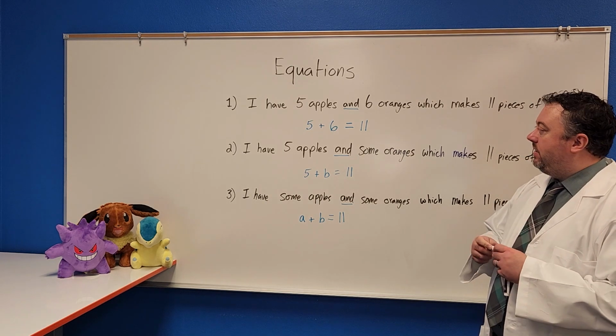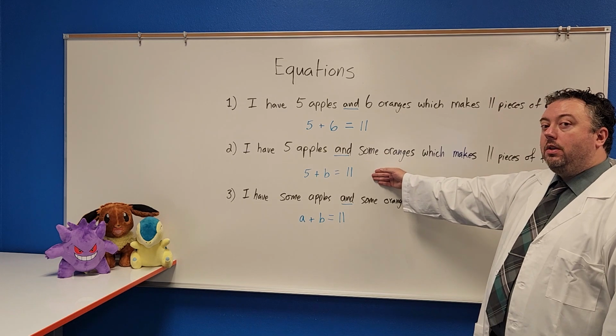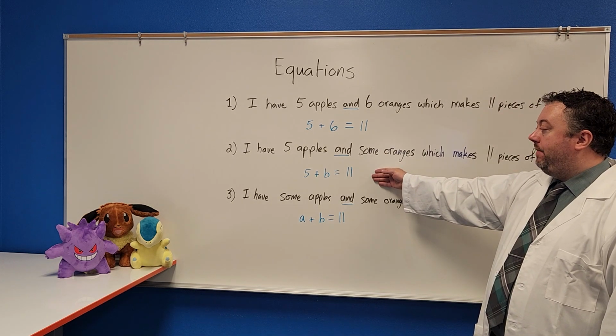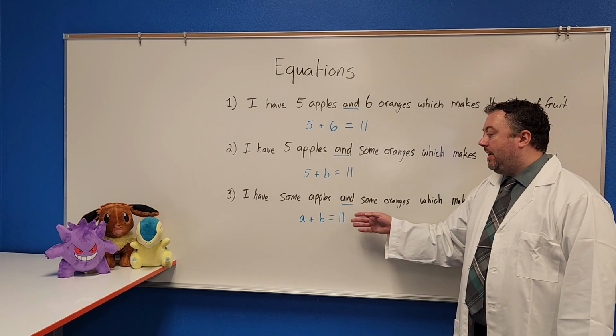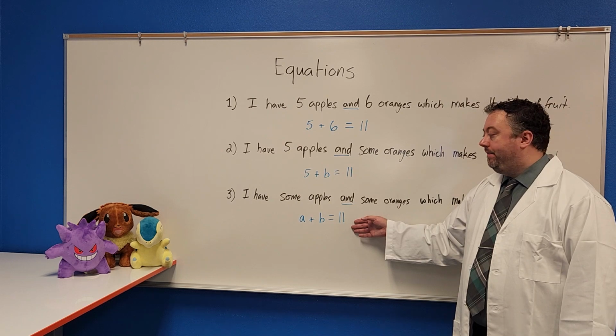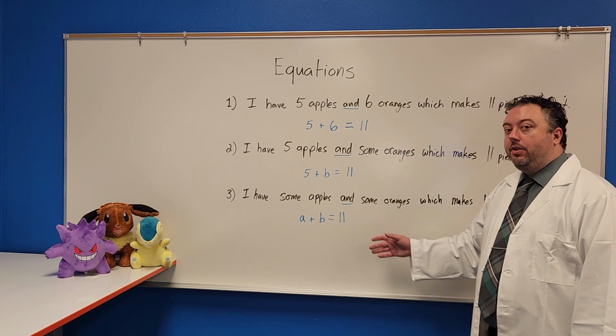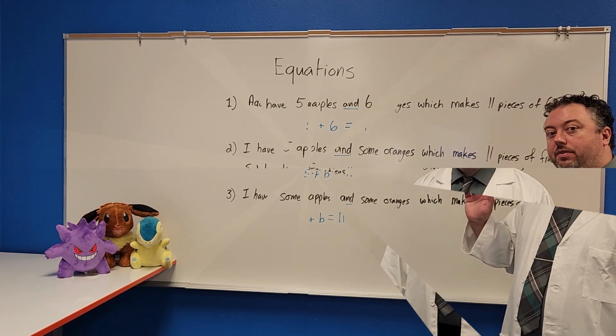Now, as you look at these, this is a lot of what you did in elementary school. We're going to work a lot with these in algebra, and we're even going to begin to look at equations like this in algebra as well. Okay, I'm going to do a little erasing magic and move on to our next set of examples.